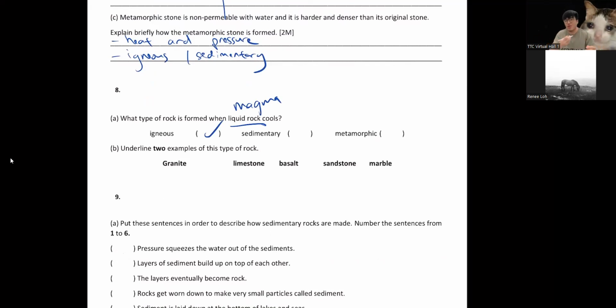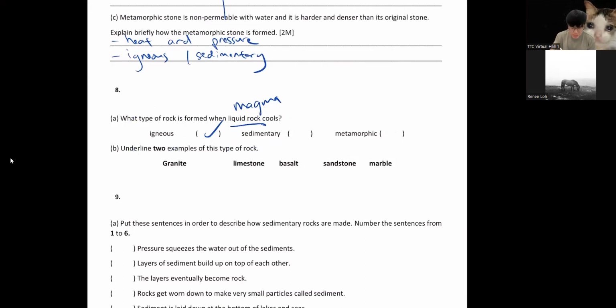Lava magma is 着火. So this is the youngest rock, your baby rock. When they are weathered, 风化, washed down by rain, they will become sedimentary. After millions of years of pressing down, you will get metamorphic. This is your grandpa. So this is baby, this is papa, this is grandpa. So liquid rock is the youngest one.